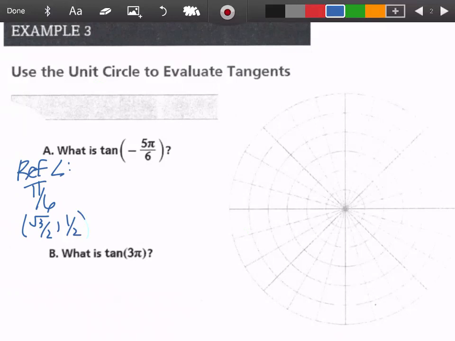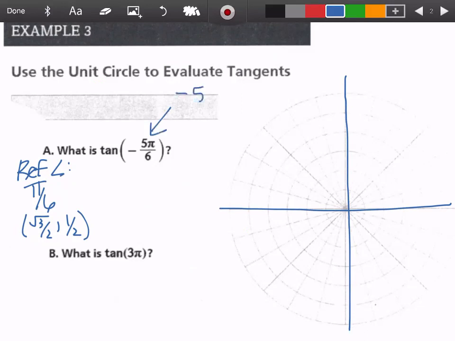So now -5 pi over 6, you can refer back to that unit circle. We can also convert it to degrees. There's many ways that we can find the tangent of negative 5 pi over 6. Some people like radians, and then we also could find it by converting it to degrees.